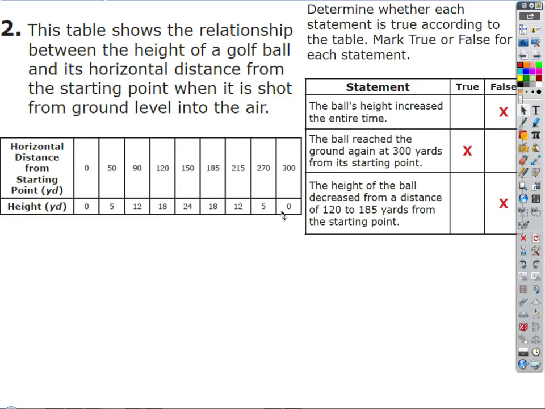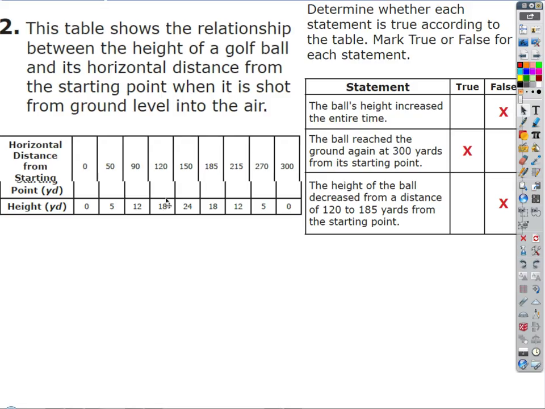How do they make sense? The ball's height increased the entire time. False. The height got bigger and then it got smaller, right? The ball reached the ground again at 300 yards from its starting point. Yeah, it did. At 300 yards, the height was 0, right? The height of the ball decreased from a distance of 120 to 185 yards from the starting point.